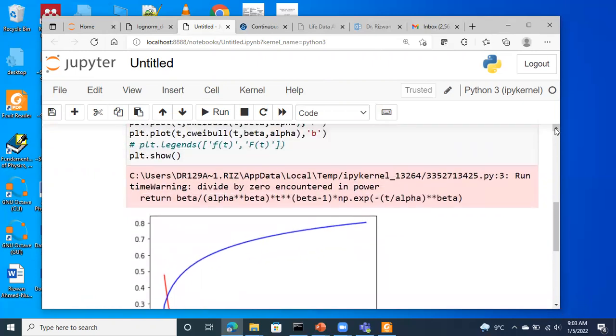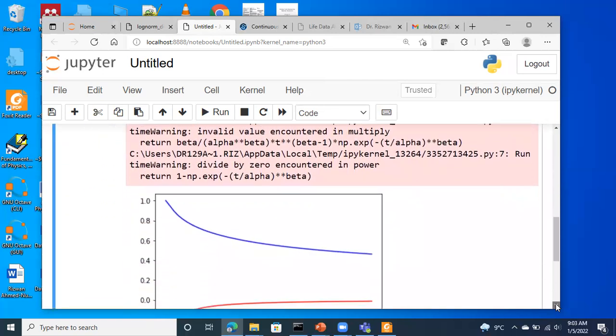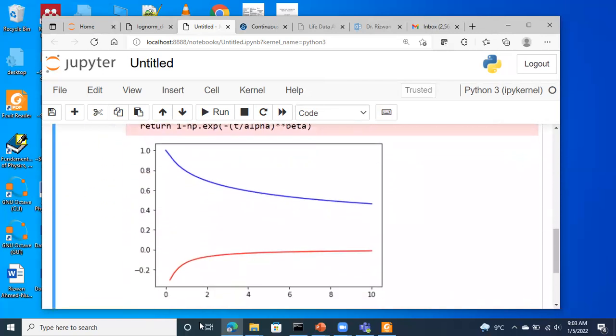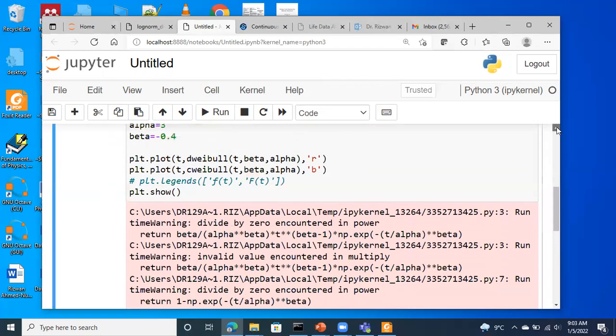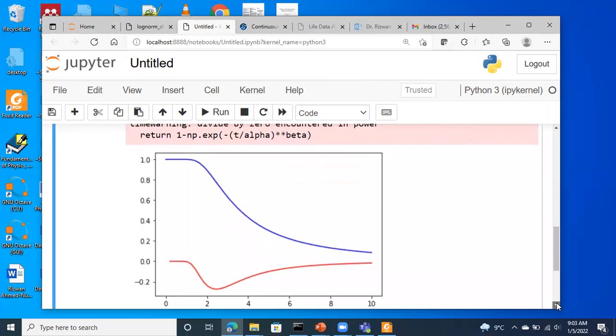And we know it is going to change its shape depending on the value of beta. For a value like 0.4, we have a different type of behavior, right? And it is also important whether we should use a fractional value or a whole number value.